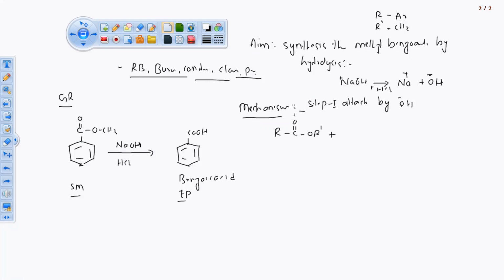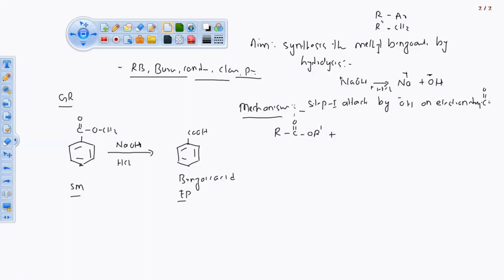Okay, attack by hydroxyl group on electron deficient carbonyl carbon, that is this ketone group, carbonyl carbon. So here, see, this OH is not going to attack anywhere on the aromatic component, because it is already a stabilized molecule.